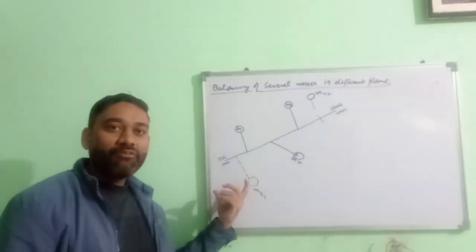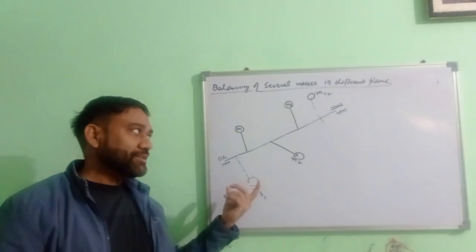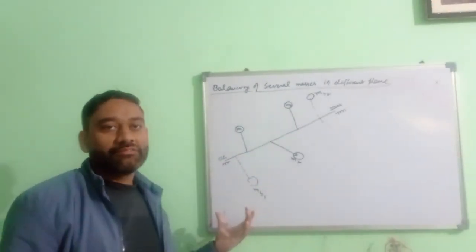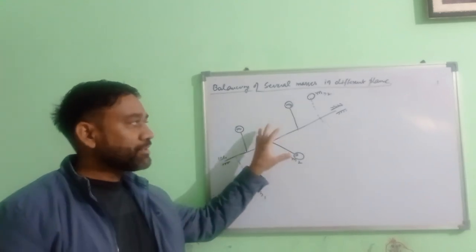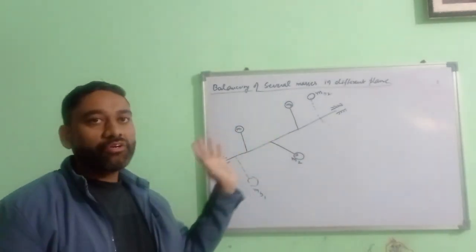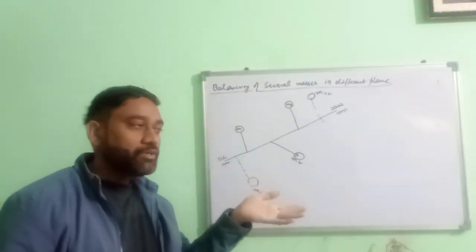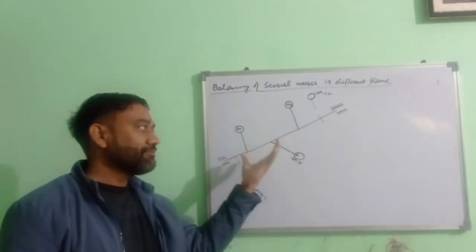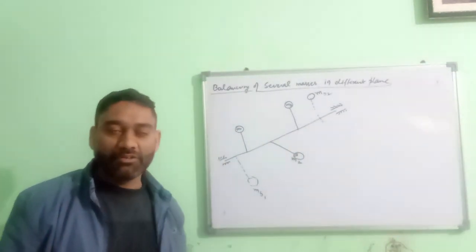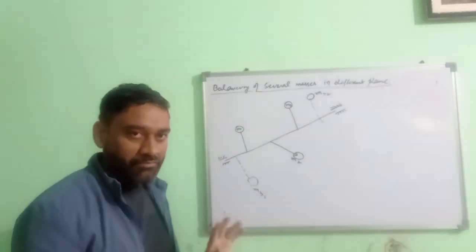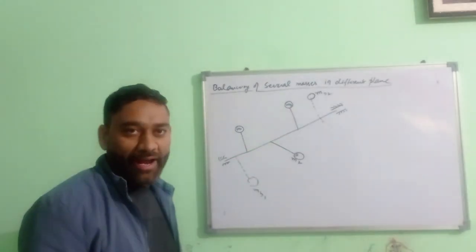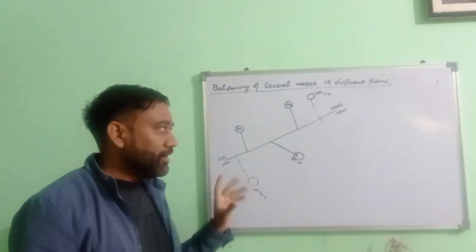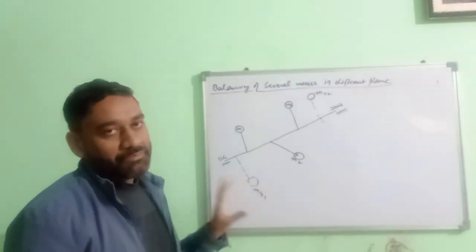These two masses we have to find out so that the whole system will be balanced. You can have more than three different planes. In the question, we have masses m1, m2, m3, m4, up to mn, there can be any number. So for balancing, we add these two masses and the system is balanced.